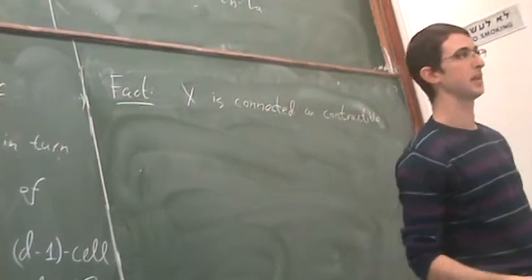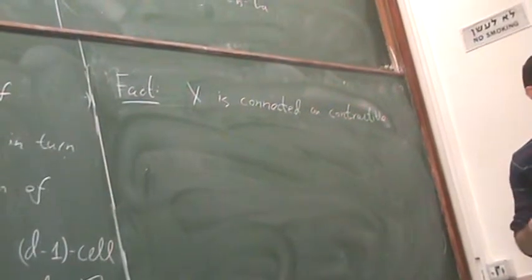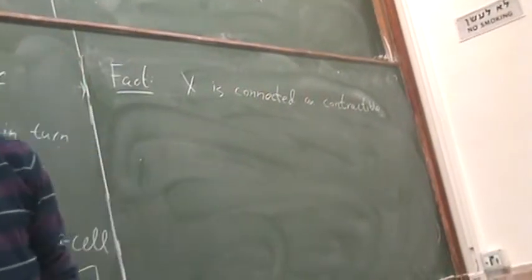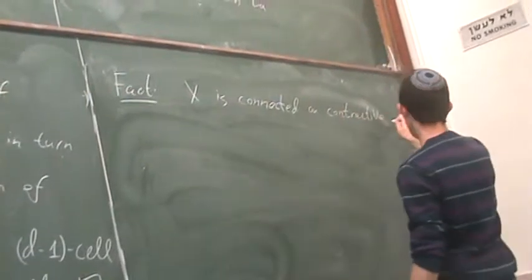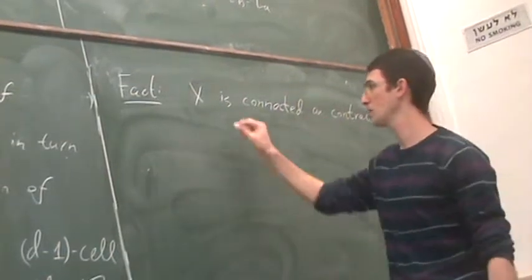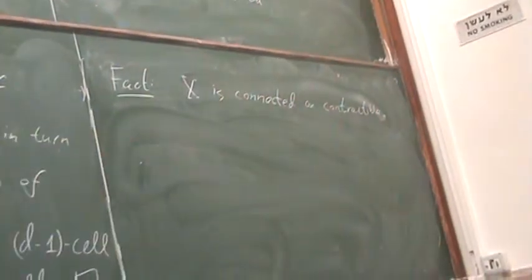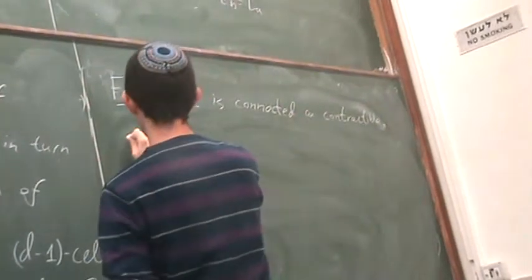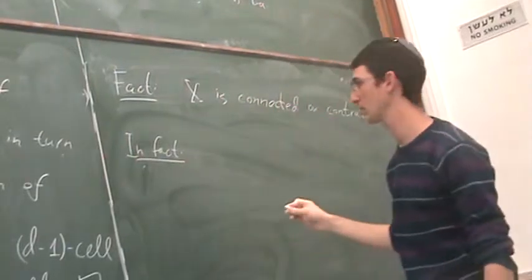When I say contractible, I mean if you realize it as a topological space by just gluing the relevant simplices instead of the abstract simplices, then you get a contractible topological space. So this is a fact. I think we would prove it for d equals 2. But before that, what I hoped to achieve today, I probably won't make it.